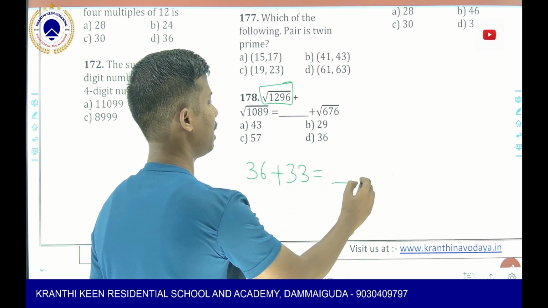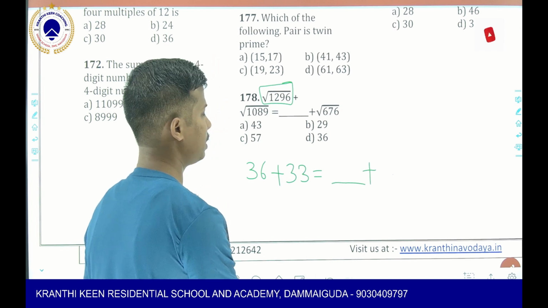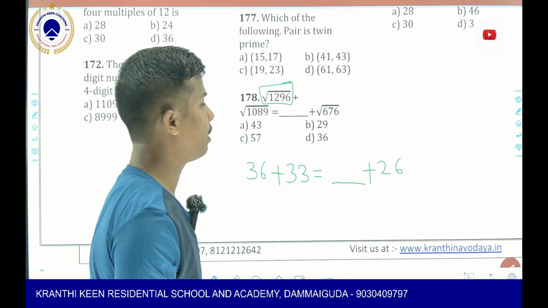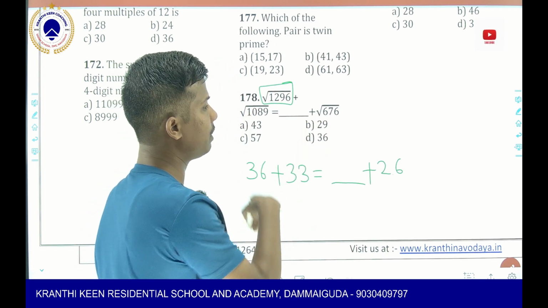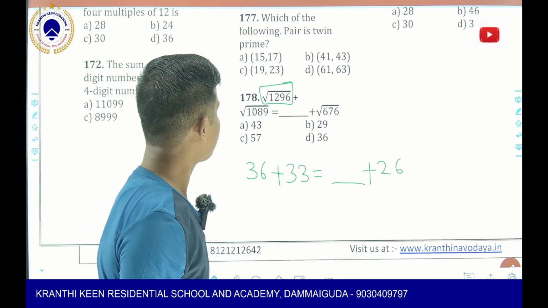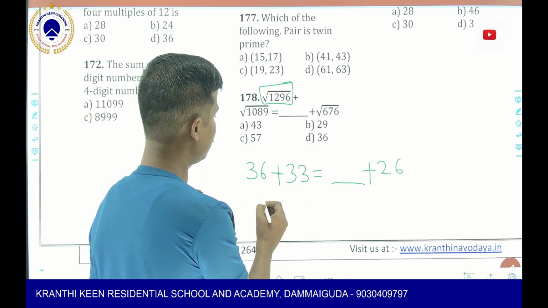Equal to dash plus root of 676, which is how much? 26, no? Root of 625 is 25. Root of 676 is 26.